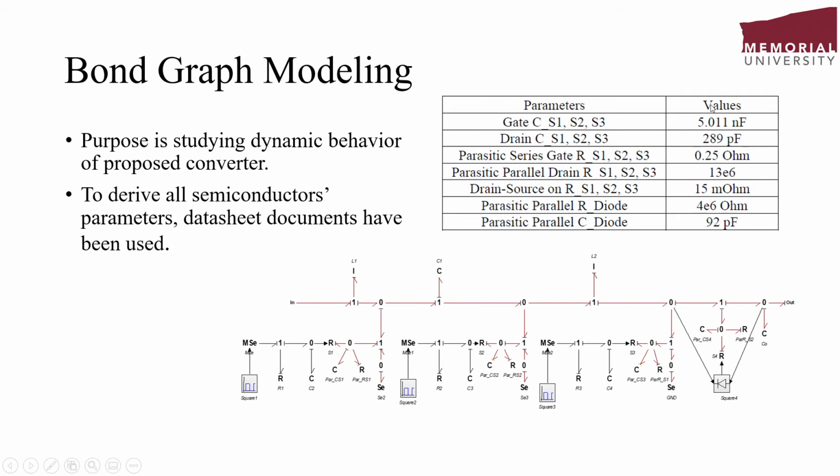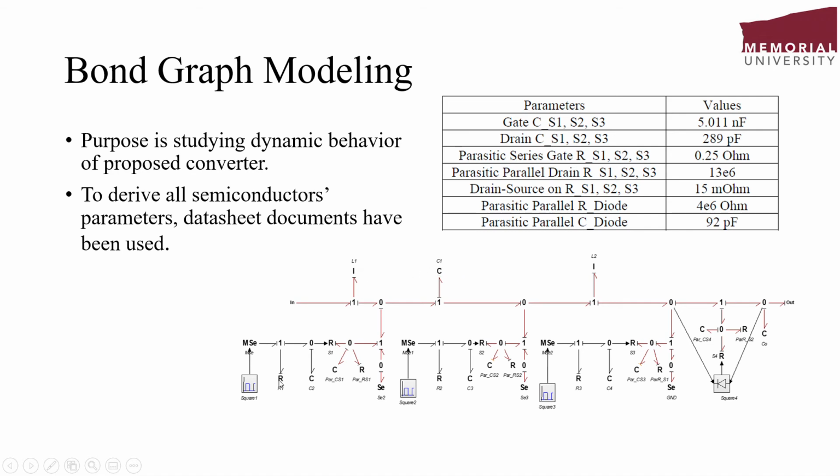As you can see here, the values have been obtained from datasheets, and here we have three switches: S1 here, S2 here, and S3 here. And here we have the output diode, output inductor, blocking capacitor, and input inductor.